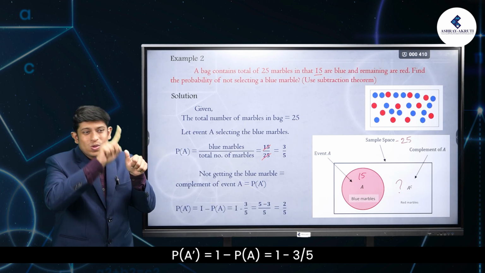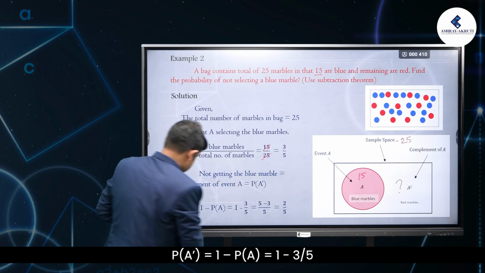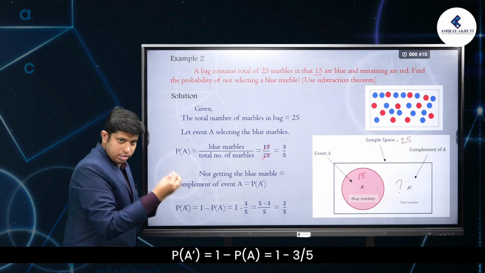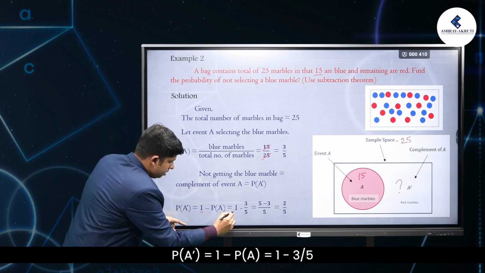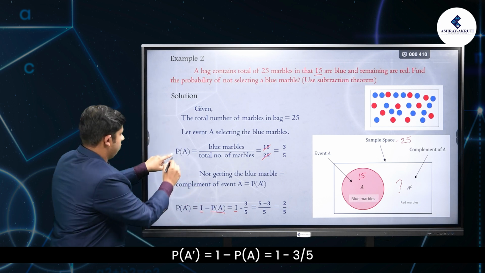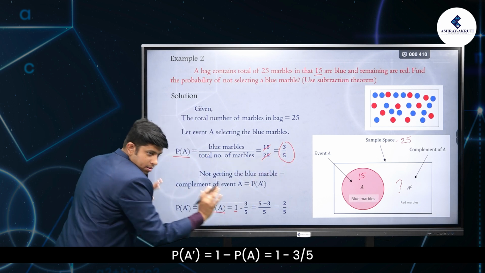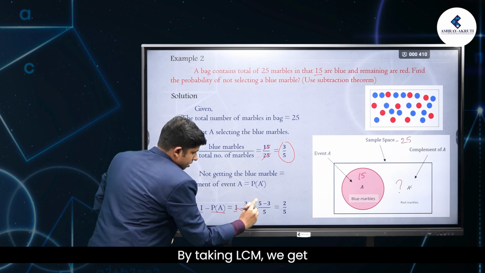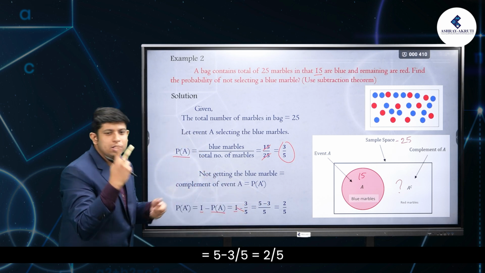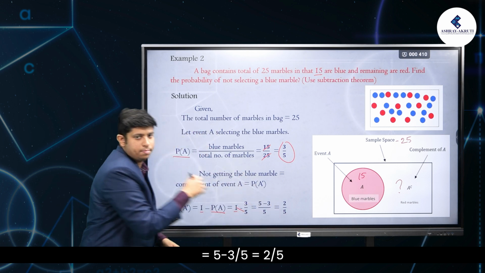P of A dash is equal to 1 minus P of A, that is equal to 1 minus 3 by 5. By taking LCM, we get 5 minus 3 by 5, that is equal to 2 by 5.